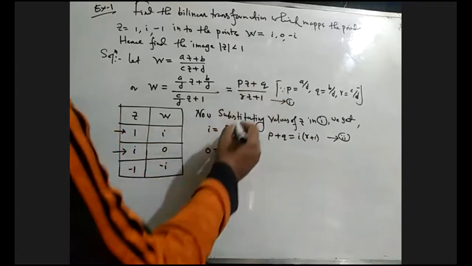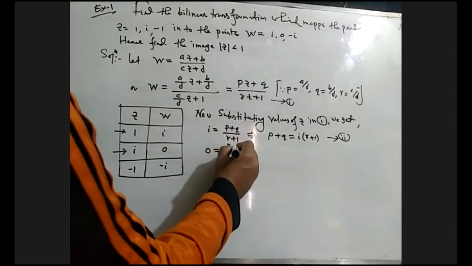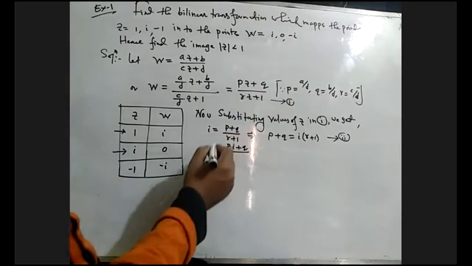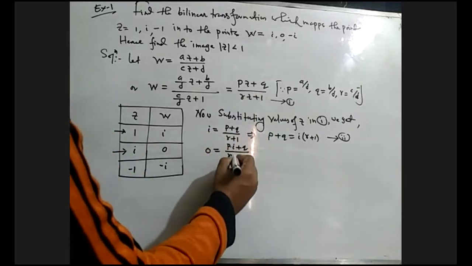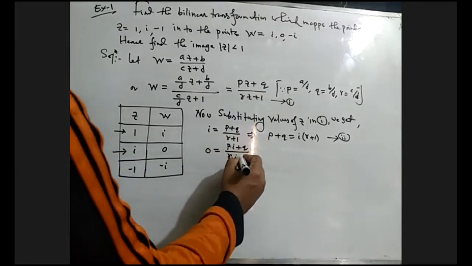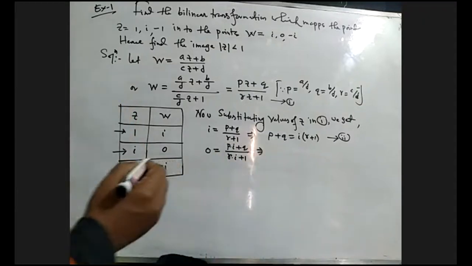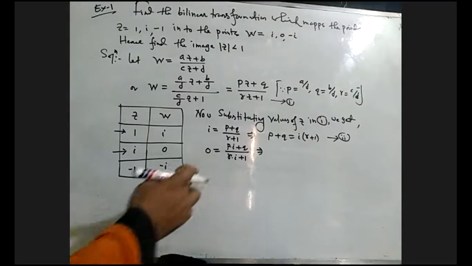So putting here (P into i plus Q) divided by (R into i plus 1). So from this, by cross multiplication, what will we get?